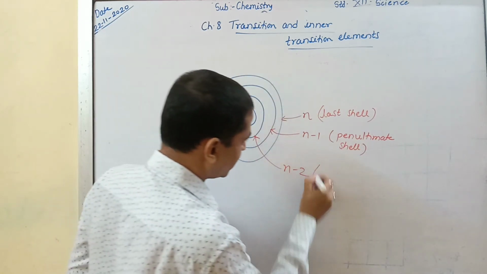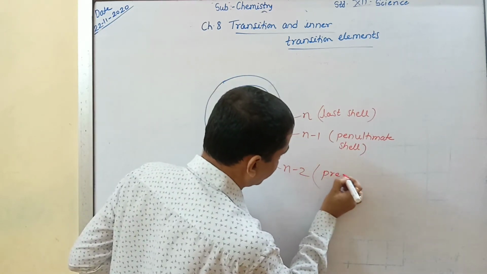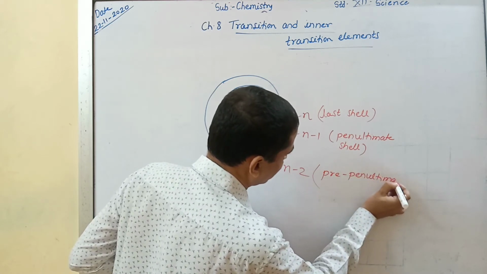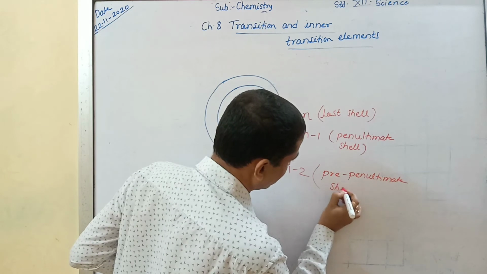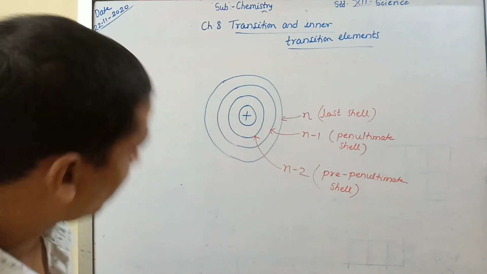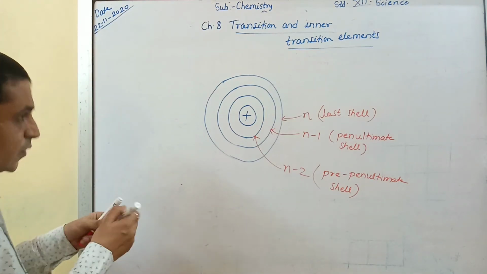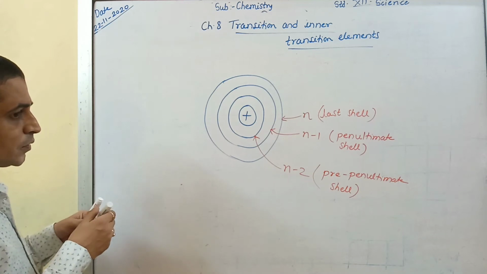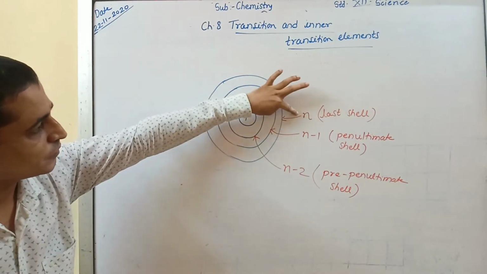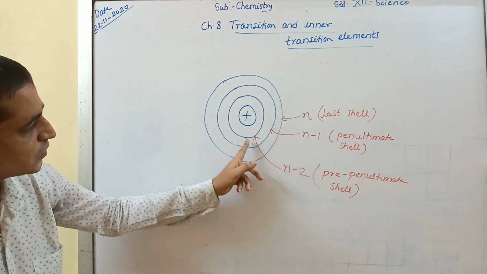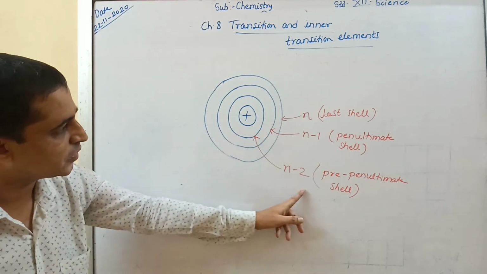And see, this is the pre-penultimate shell. So n represents the last shell, n minus 1 represents the penultimate shell, that is the second last shell, and n minus 2 is the third last shell, that is the pre-penultimate shell.